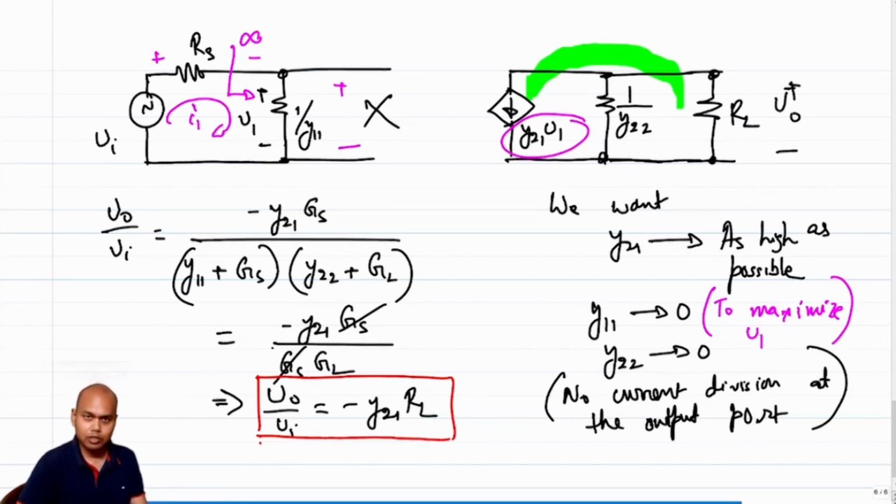This is our wish list. Note that we don't yet know how to make such a network, but if somebody asks us what we are looking for, we can at least tell that person, can you give us a network which has these properties, because if you can give it to us, we will be able to make a good amplifier.